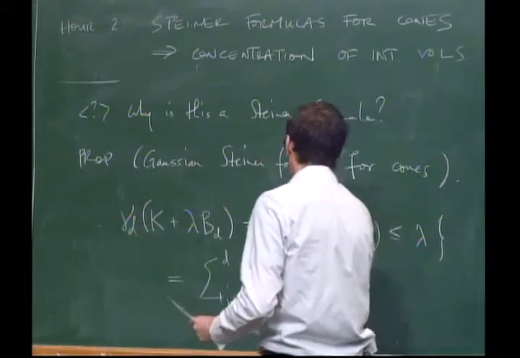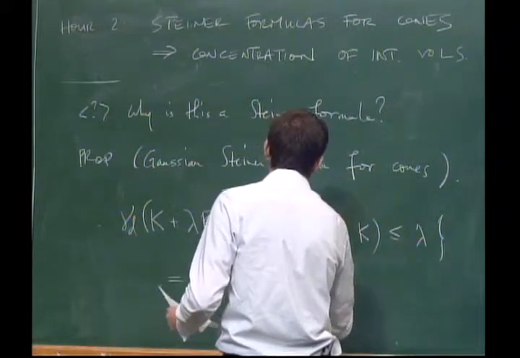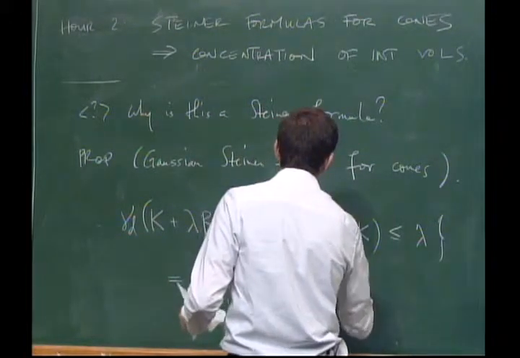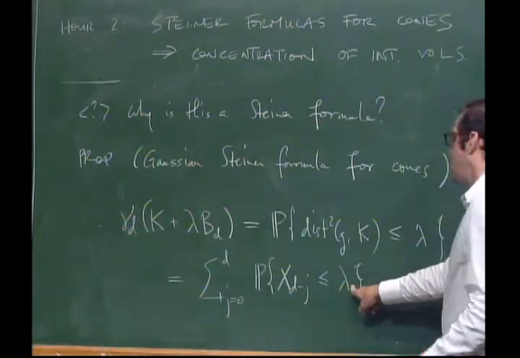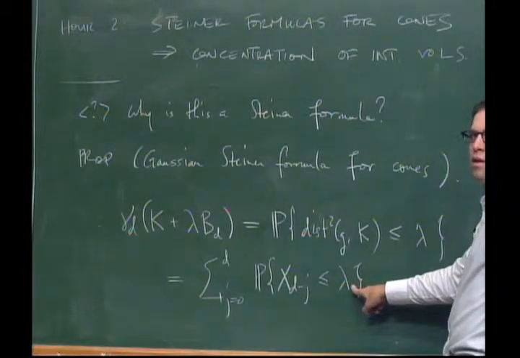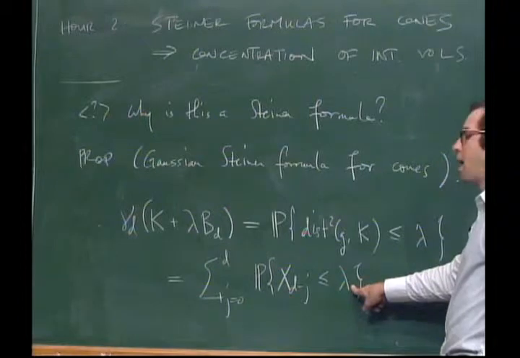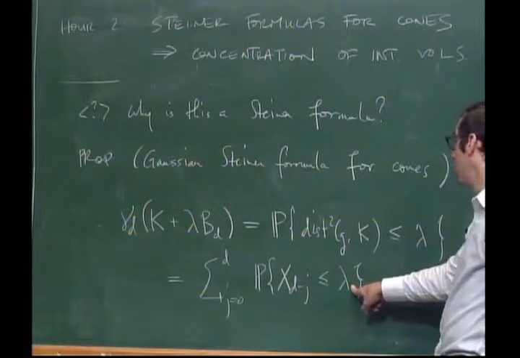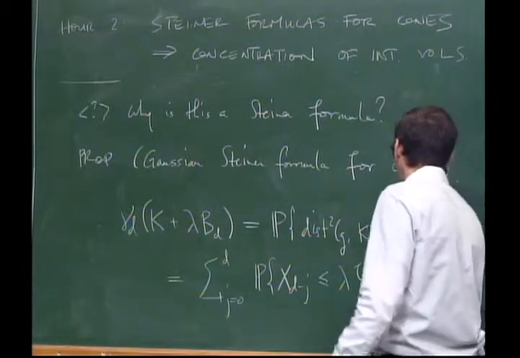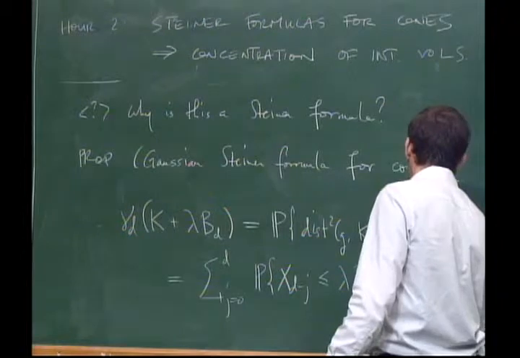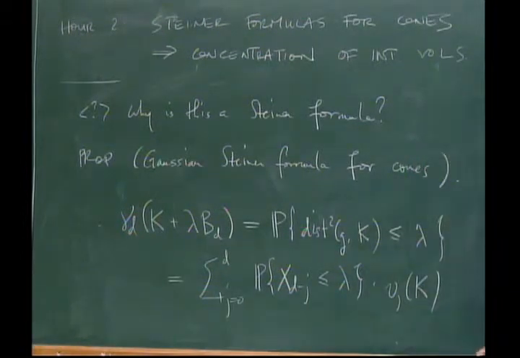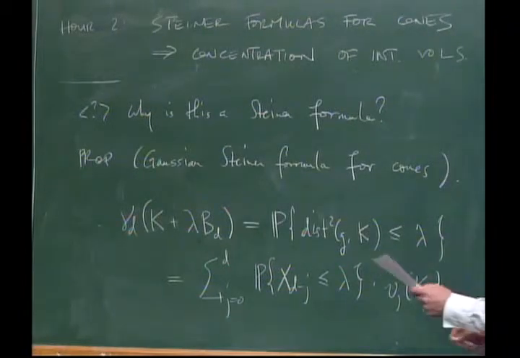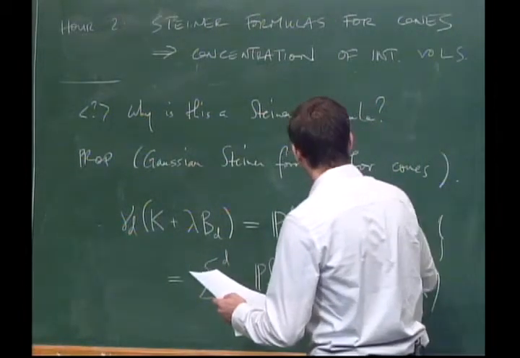in terms of the intrinsic volumes and with coefficients that are simply the complement of the distribution function. Actually, this is the distribution function of a chi-square variable. It's a distance squared. Actually, you're probably right. It should be the distance.